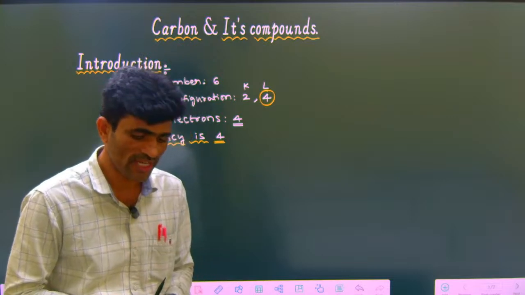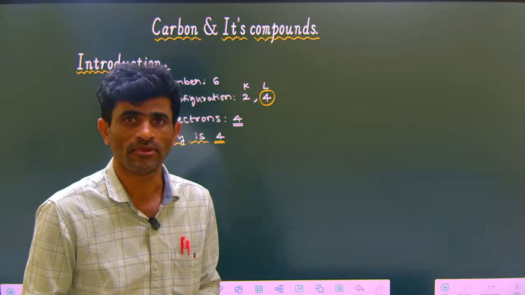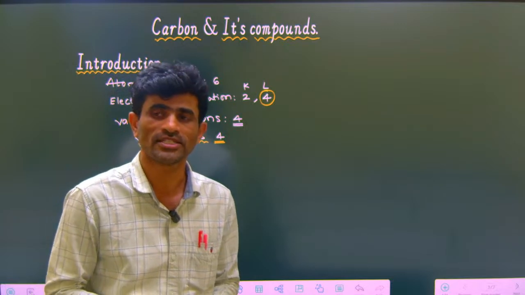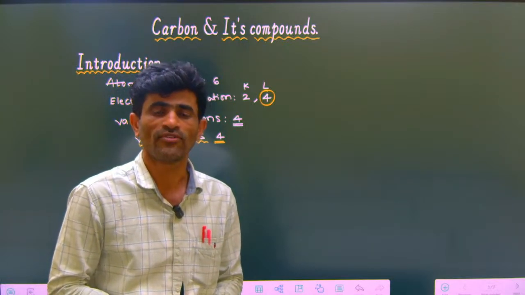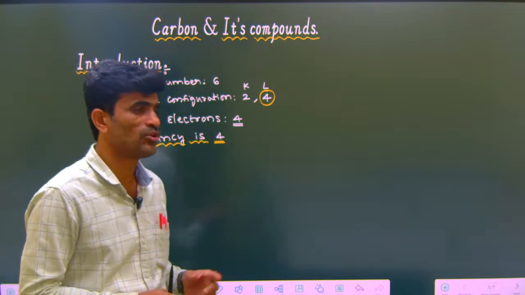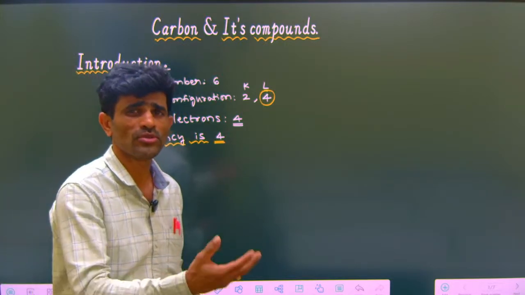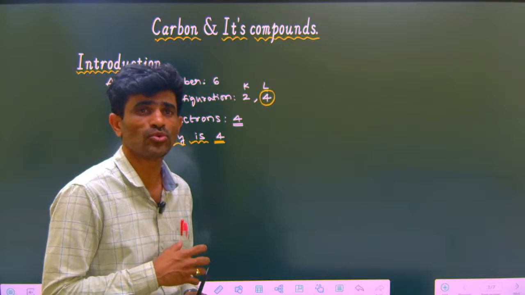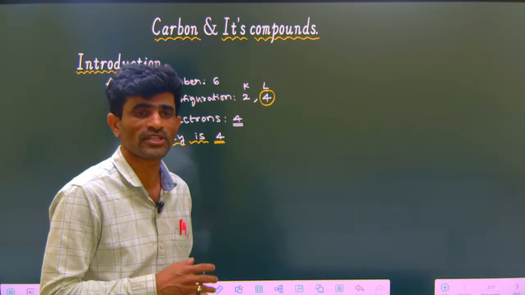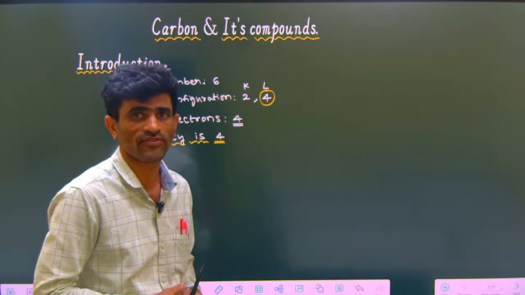There is one very important question: why will carbon not form a cation or anion? What is the reason? Carbon cannot lose 4 electrons, because to separate these 4 electrons from the carbon atom we need a lot of energy.